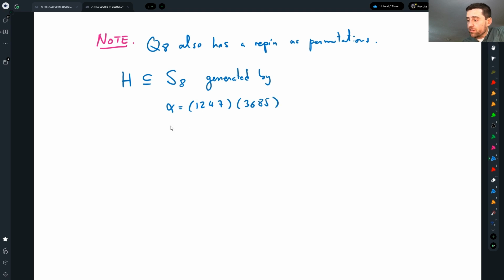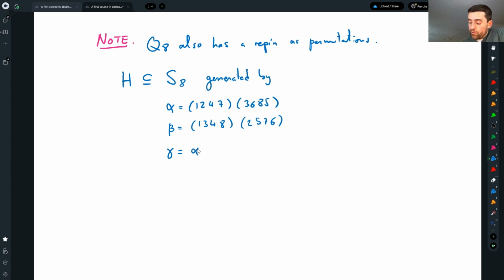This is not obvious, why you would pick these two things, but it turns out to work out. Beta is 2, 5, 7, 6. It turns out that these alpha and beta work like I and J.